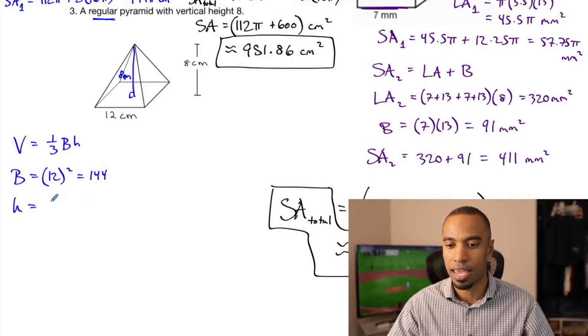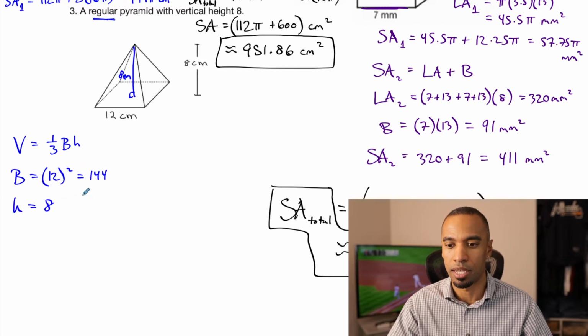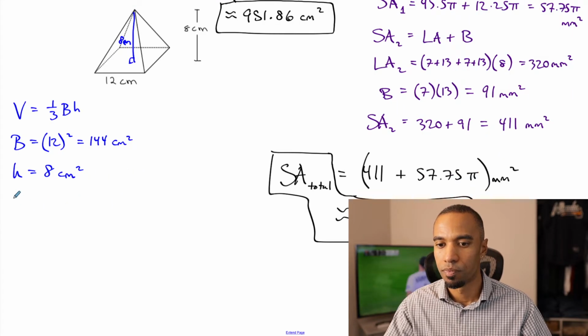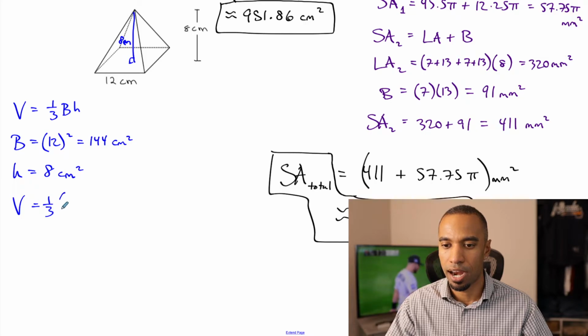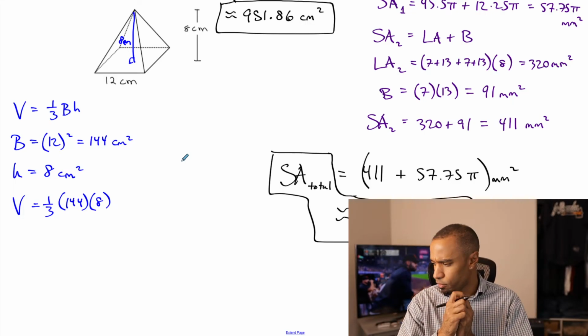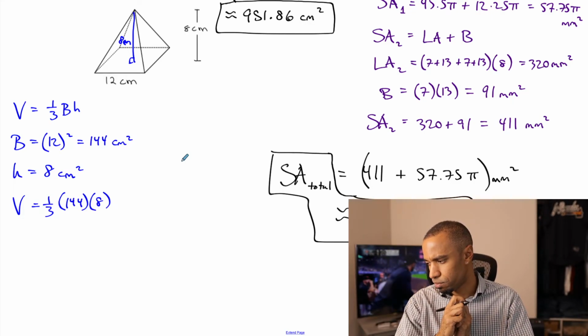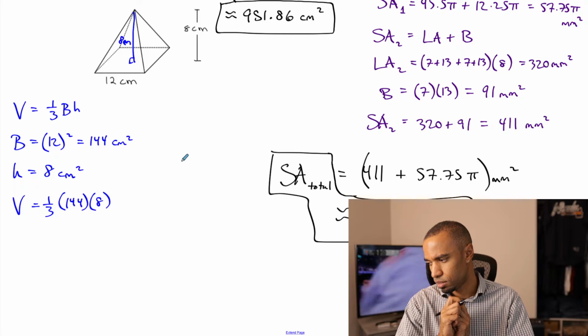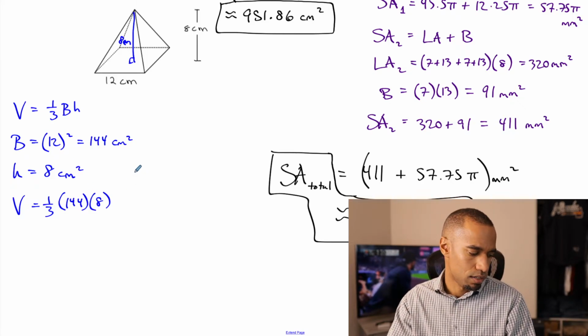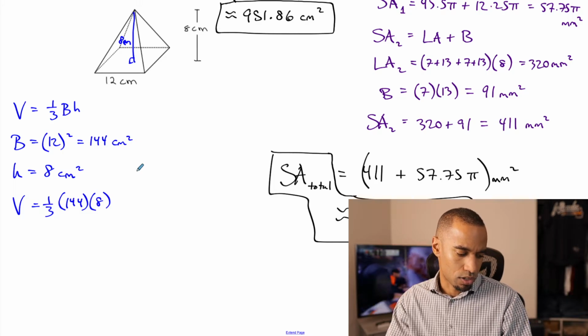And of course the height, not the slant height, but the altitudinal height being 8, means the volume is 1/3 area of base times height. A third of 144, gee, that's 48. I think. 48. 48 times 8. I should know that.